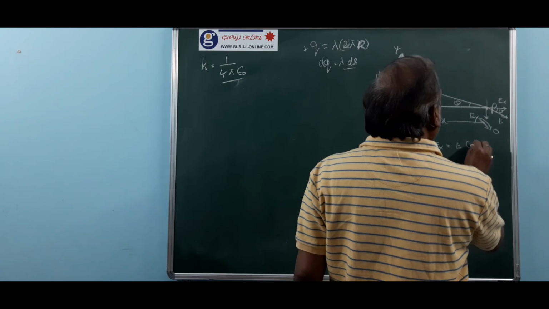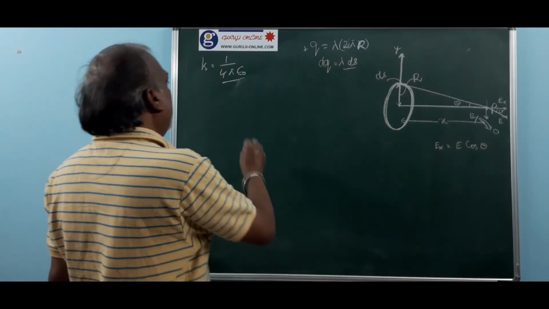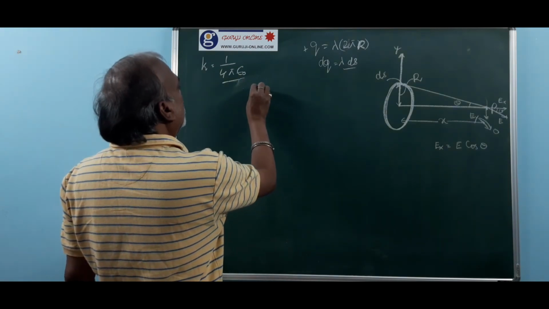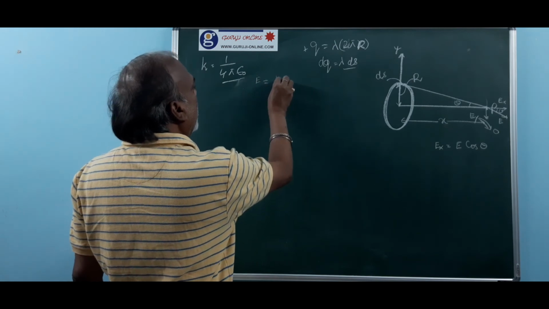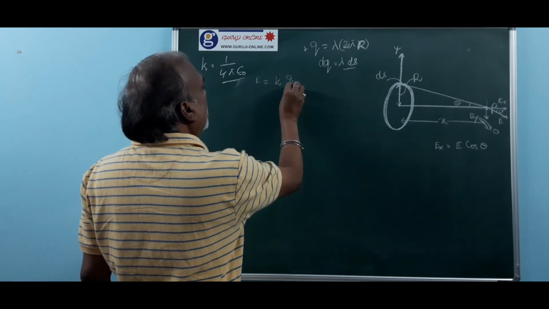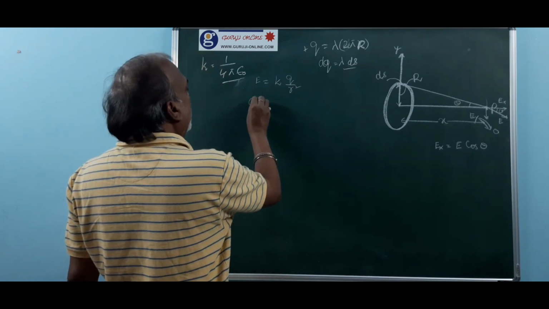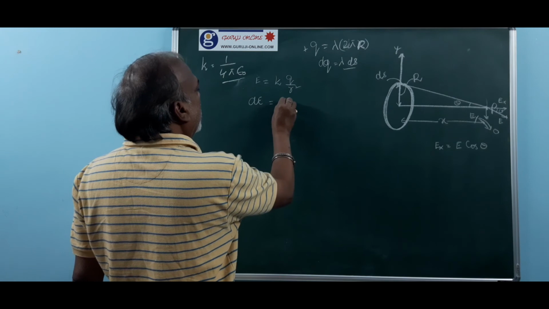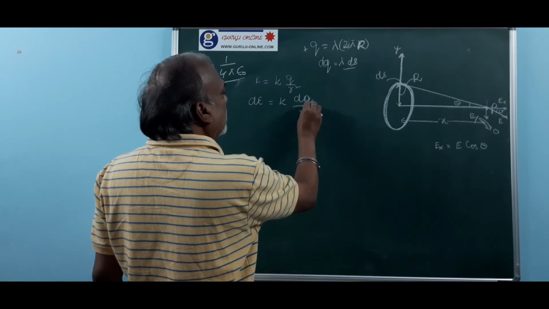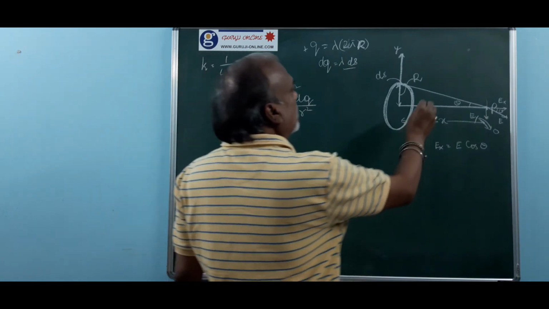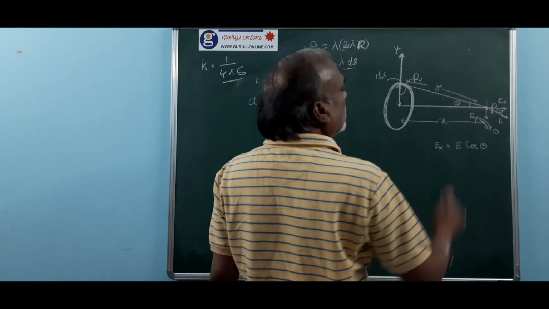And Ex is nothing but E cos theta. So here what will happen? Here basically your E is K Q upon R square. This is the fundamental formula. dE will be nothing but K dQ upon R square. This is your R, always from the charge to the point, this distance.